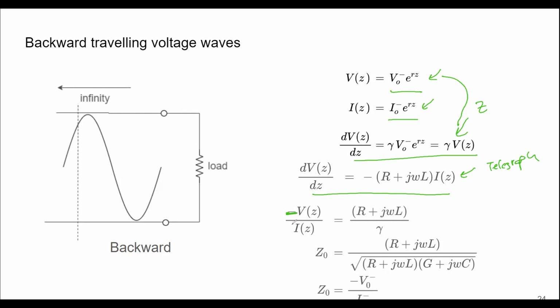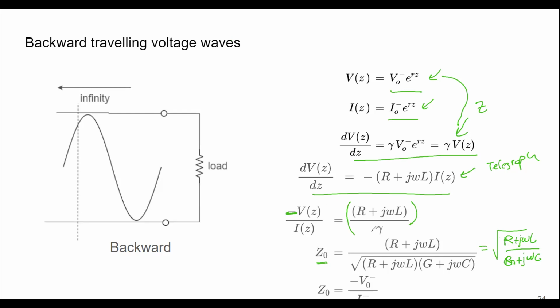So once we take the minus sign to this side, we can obtain this expression as the V z over minus I z expression. So V z over minus I z is equal to Z naught, and we can take the same expression as we got earlier for the characteristic impedance in the forward going voltage scenario, right?